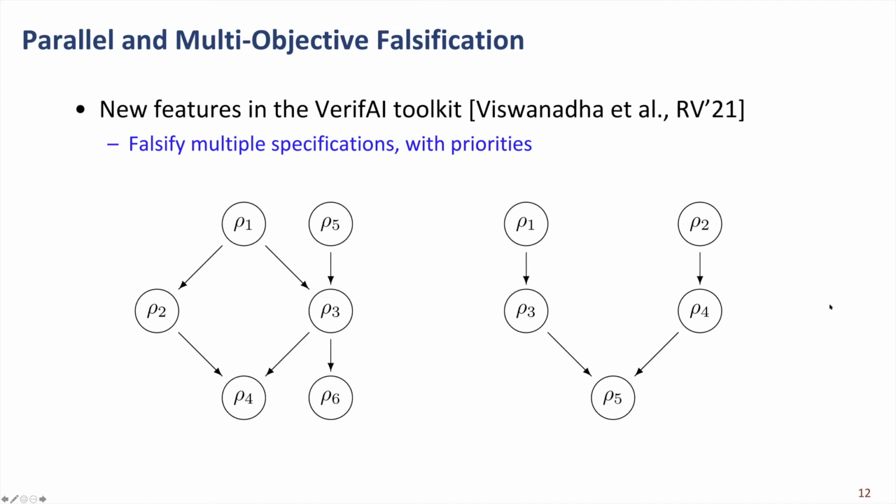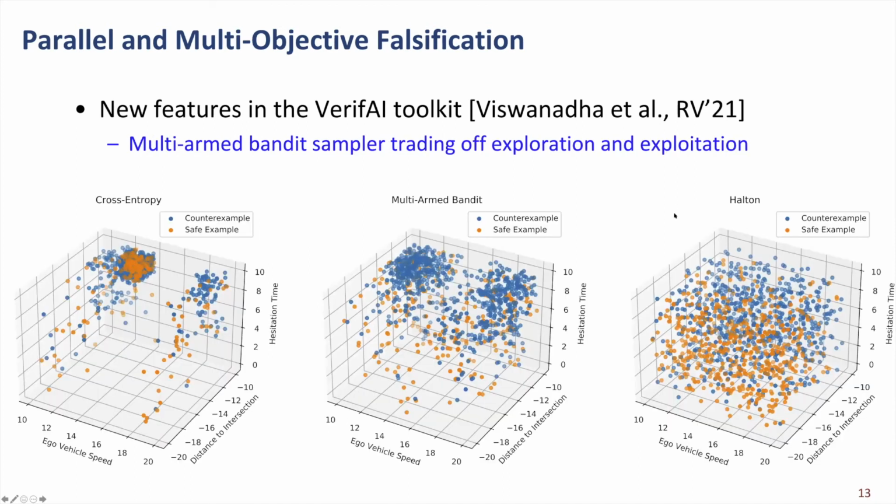And we have a new sampler based on multi-arm bandit techniques, which can use this information to try to falsify the most important specifications and as many specifications at once as it can. And another nice feature that this multi-arm bandit sampler provides is a trade-off between exploration and exploitation.